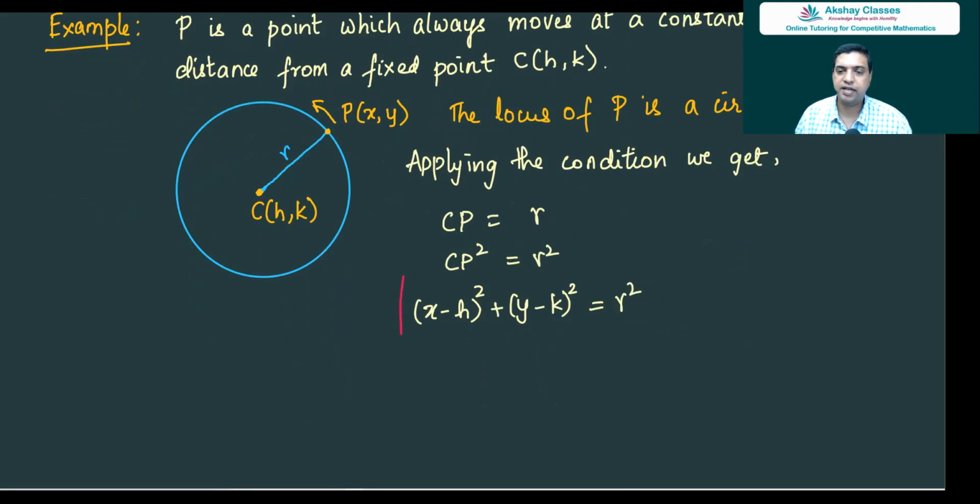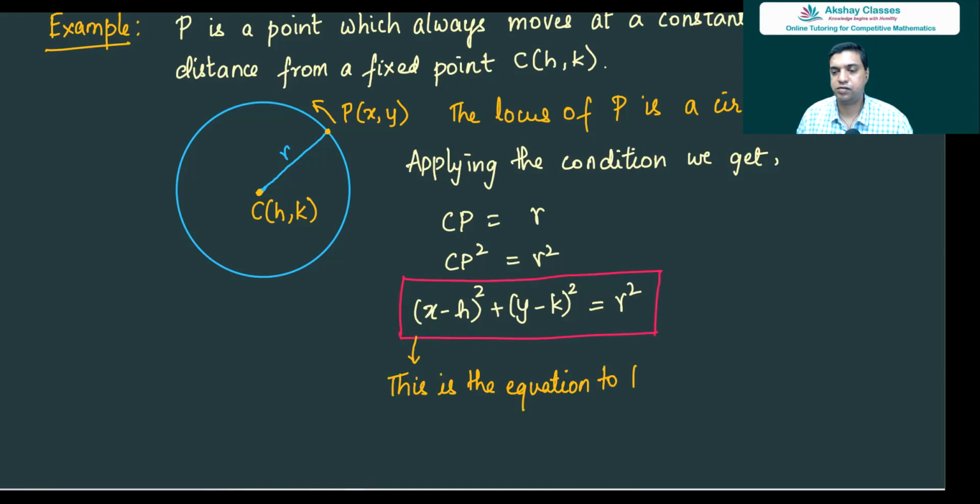This is CP square. So this forms the equation to the locus of P.